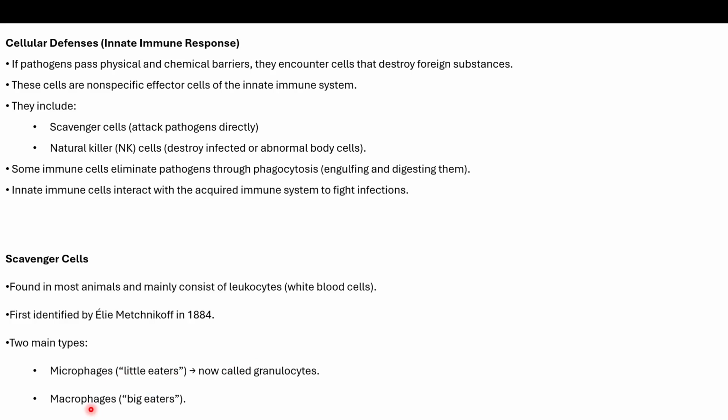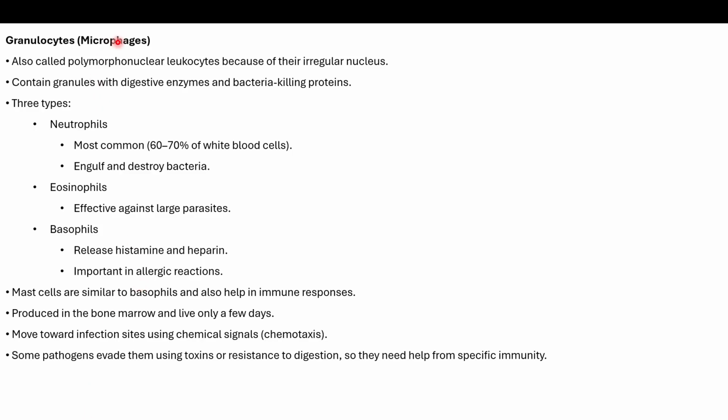The little eaters, which are called granulocytes, are also known as polymorphonuclear leukocytes because they have an irregular shaped nucleus. Granulocytes contain granules with digestive enzymes and bacteria killing proteins.